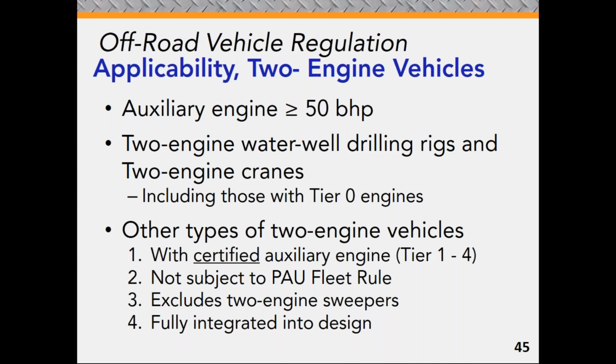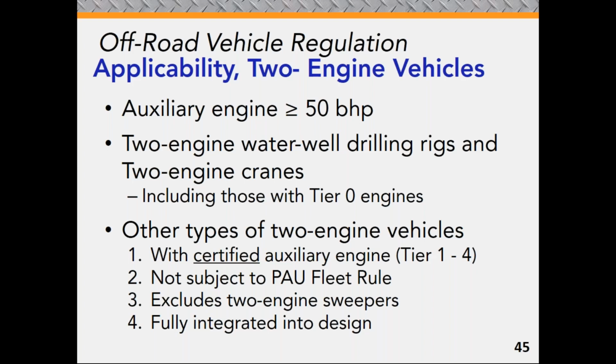It can't be subject to the public agency rule. So if it's a public agency two-engine vehicle, it would not be applicable. No two-engine sweepers, which typically do fall under the public agency regulation anyway. And then the auxiliary engine has to be designed with the vehicle or fully integrated into the design.